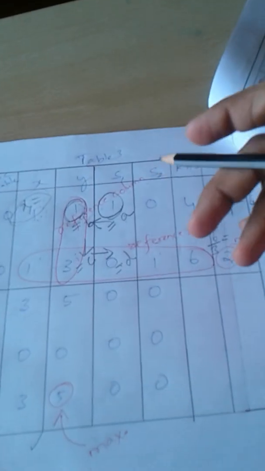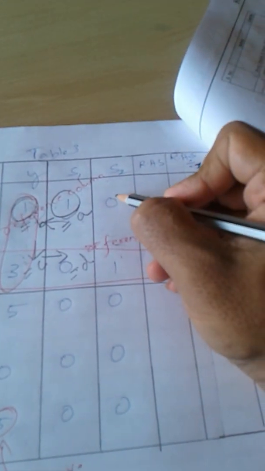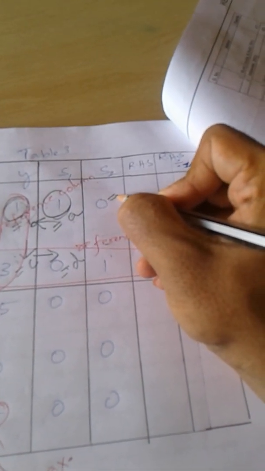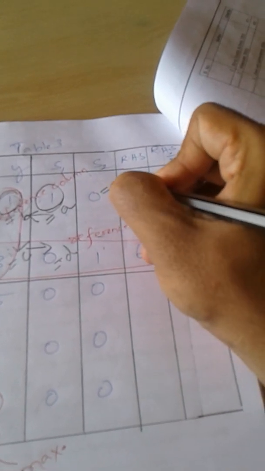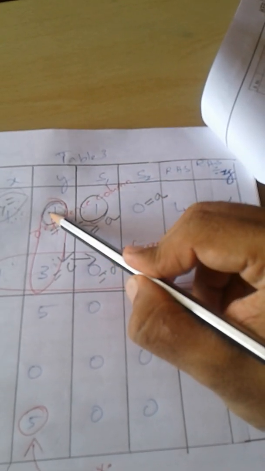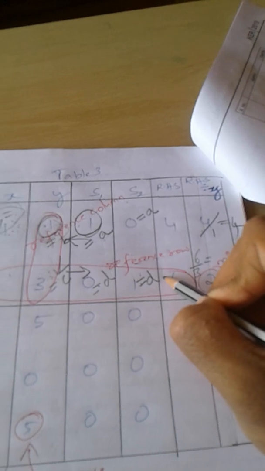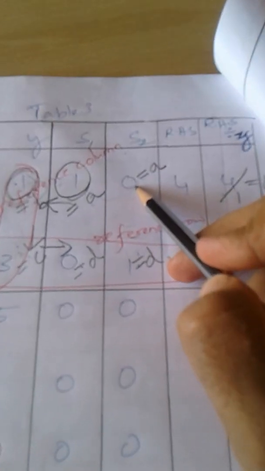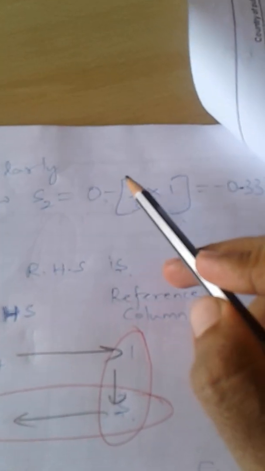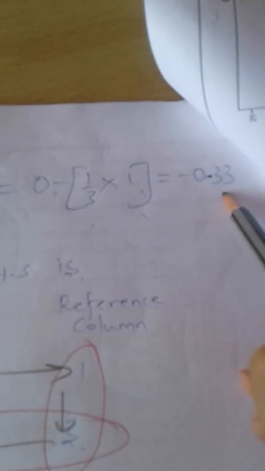In this page, we are calculating the new value for S2, so this will be A, this will be B, this will be C and this will be D. 0 will be A, B will be 1, C will be 3 and D will be 1. Same thing is happening here. So S2 is 0 minus 1 divided by 3 into 1, which is equal to minus 0.33.